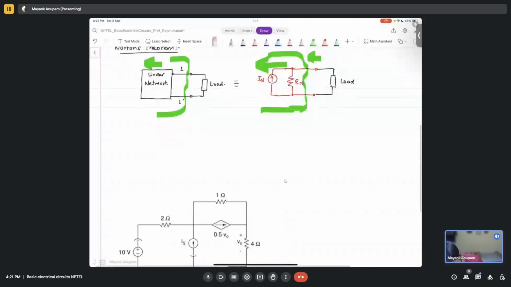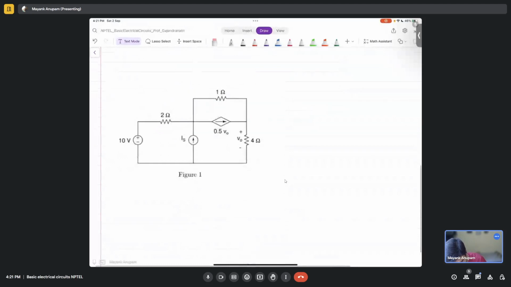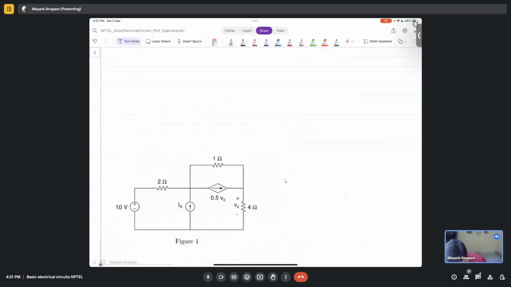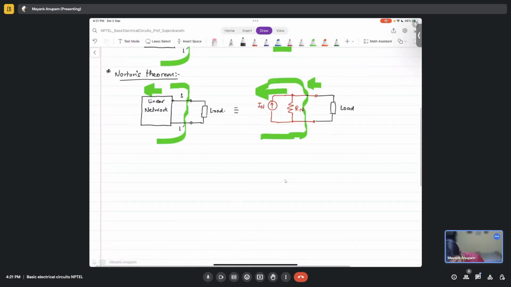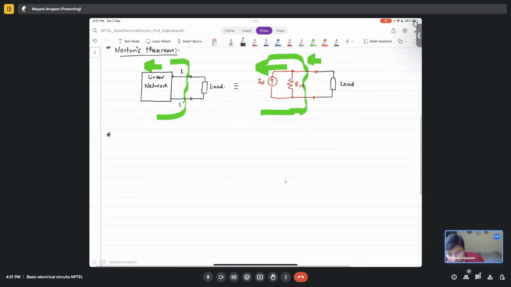The other thing that we saw was another thing. We saw the y parameters, right?